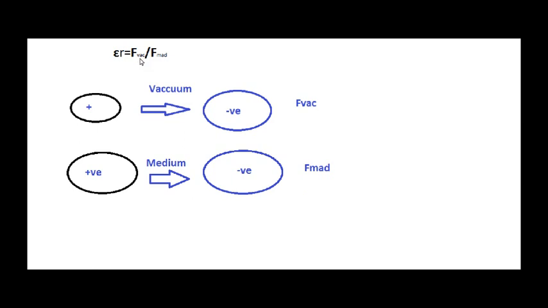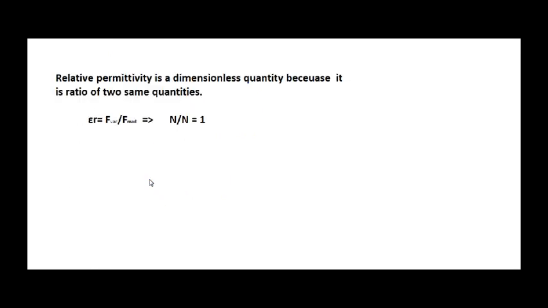According to the above formula, divide F vacuum by F medium, and we will get the value of epsilon r, the relative permittivity of that medium.